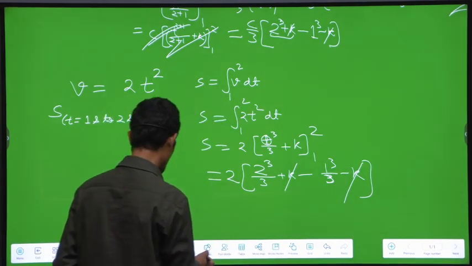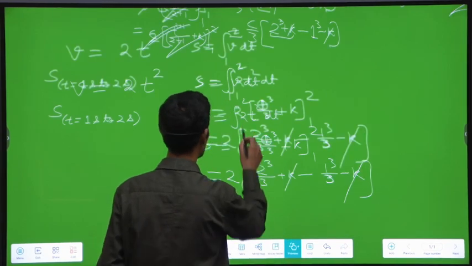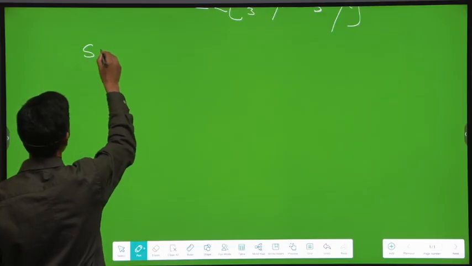So let me give you some problems based on this integration. Like this, you can try it on your own. Solve this.